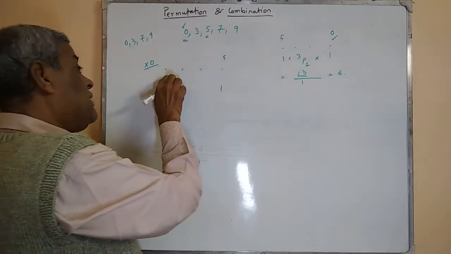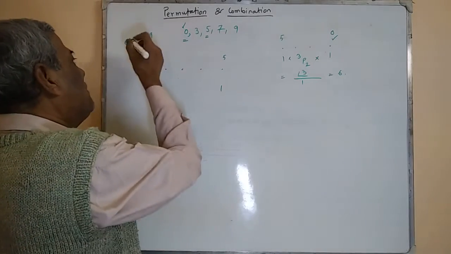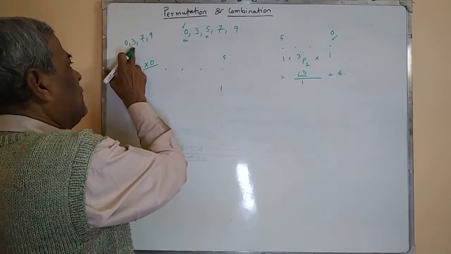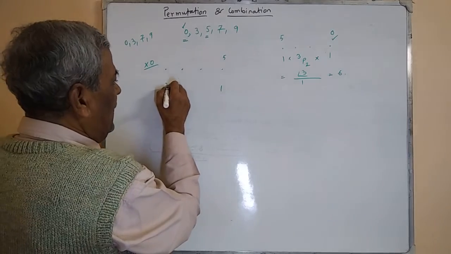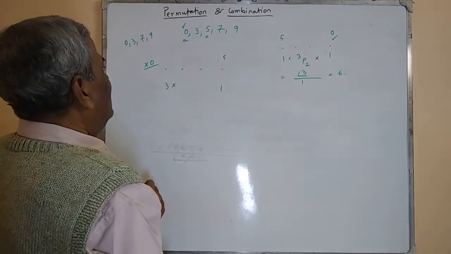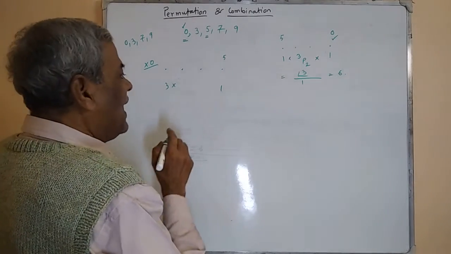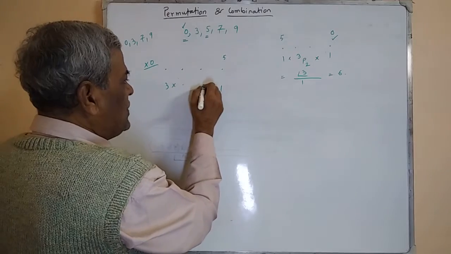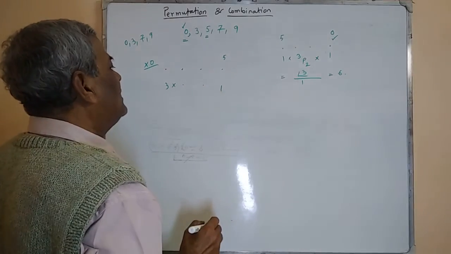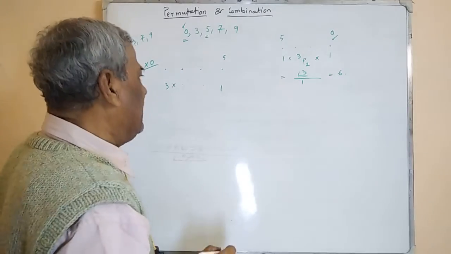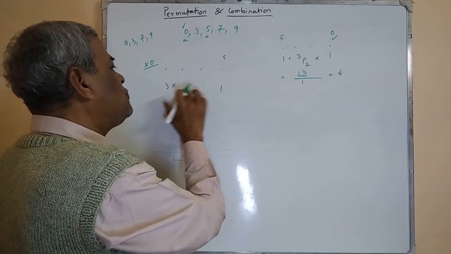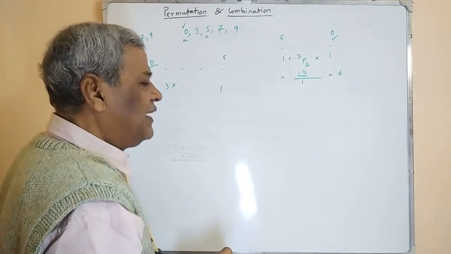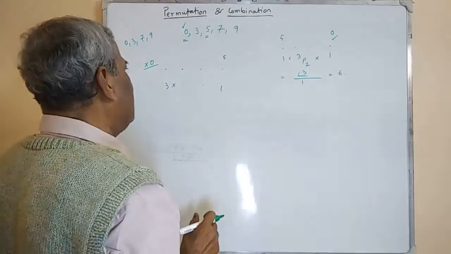So this restricted position, in that case, can be filled up by either 3 or 7 or 9. That is 3 different ways. So two positions are filled and still two positions are left to fill, and these two positions are unrestricted, no restriction is there.